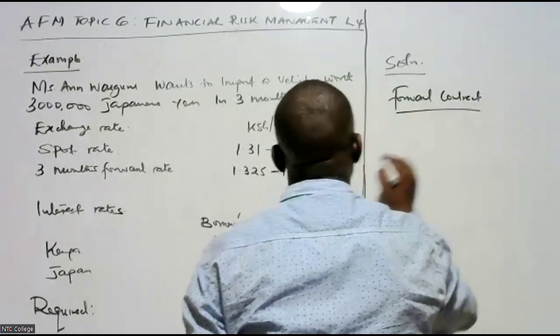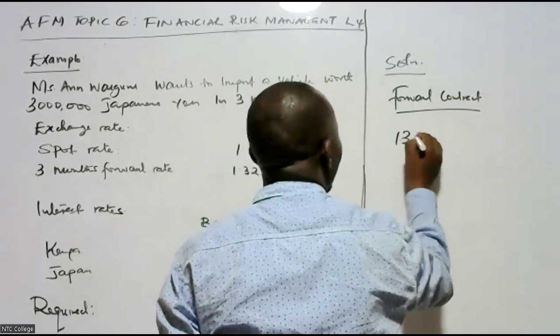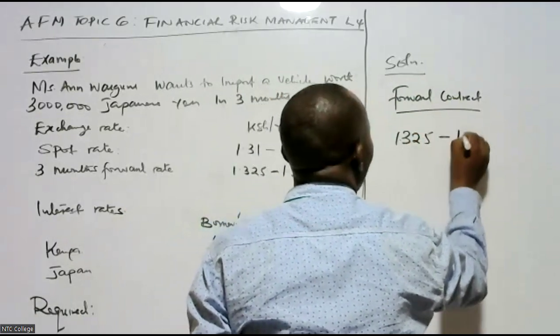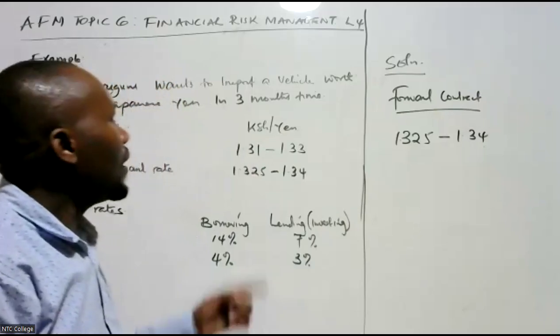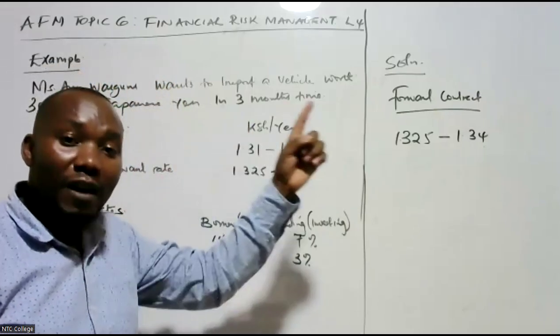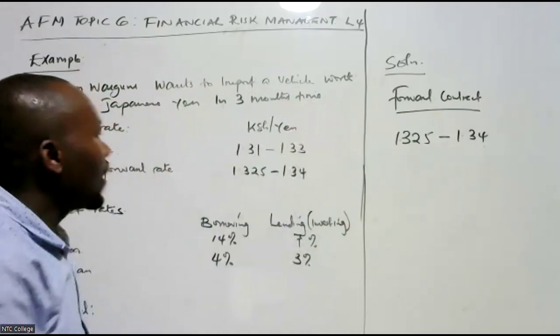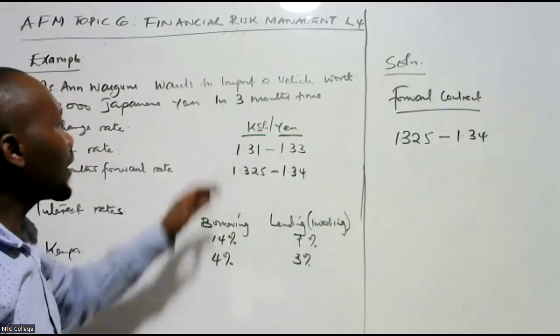We are using the forward rate. The rate is 1.3 to 1.34. Now, this one is a foreign payment. She's going to pay in 3 months time. Between which countries? Kenya and Japan. So we are trading between Kenya and Japan.